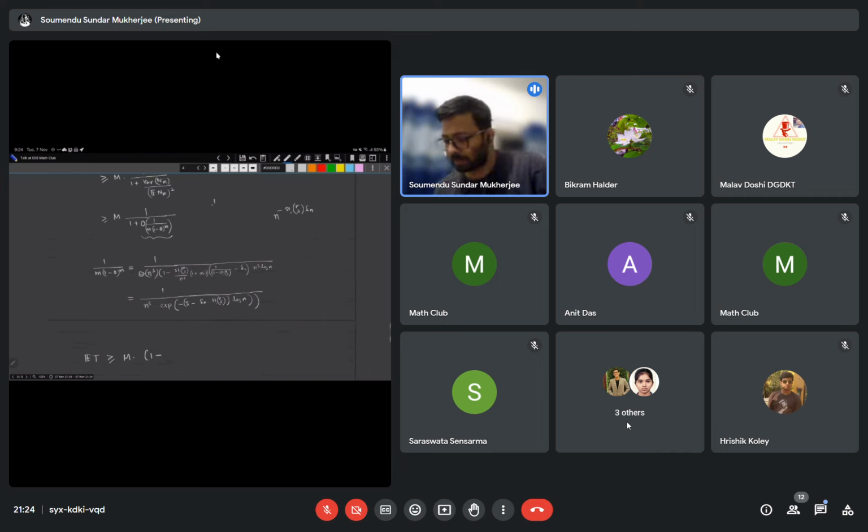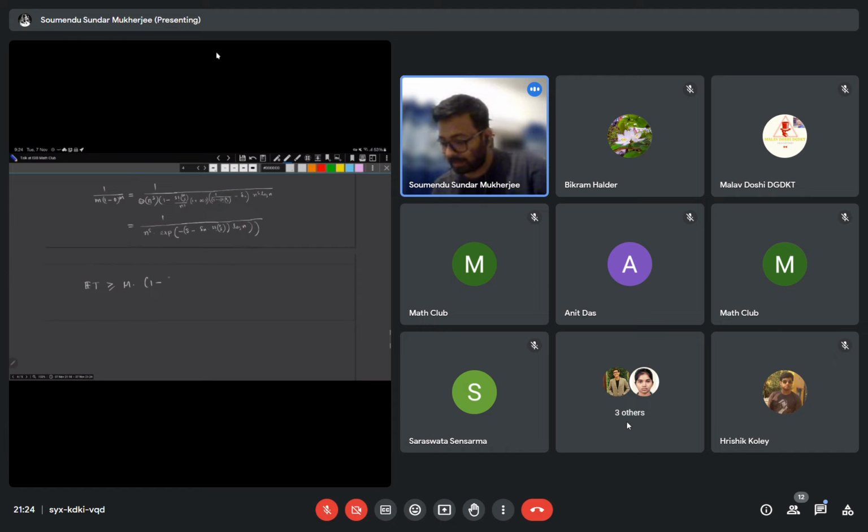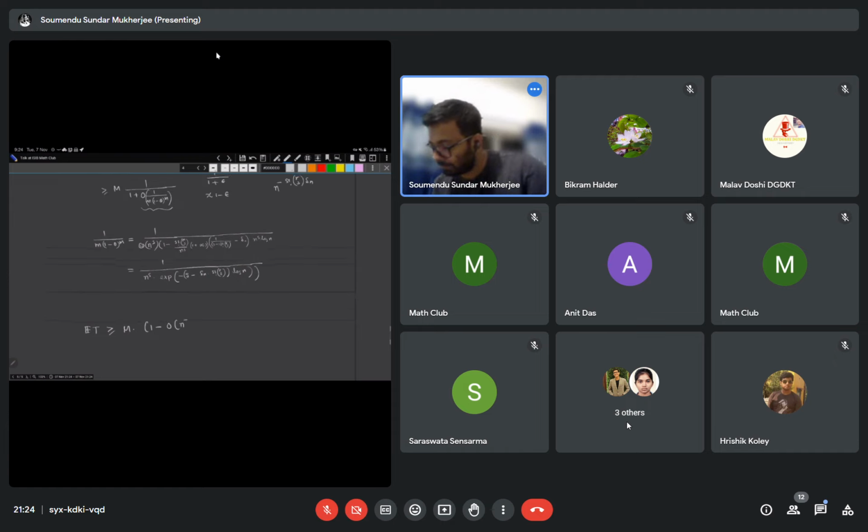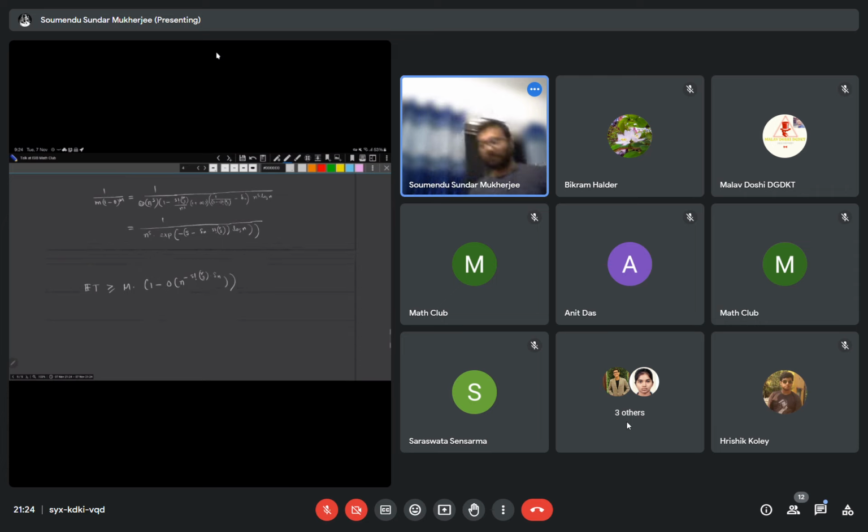So this is like 1 by 1 plus something small, which is like 1 minus epsilon. So I'll just write it directly like O of n to the power minus s factorial r to this into delta. This is what we get at the end of this calculation.